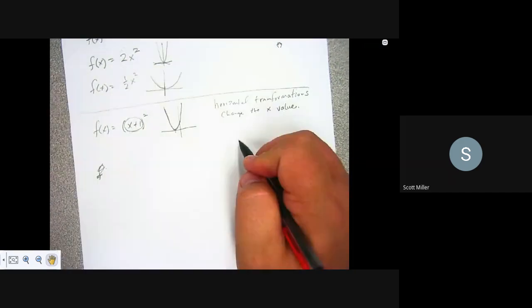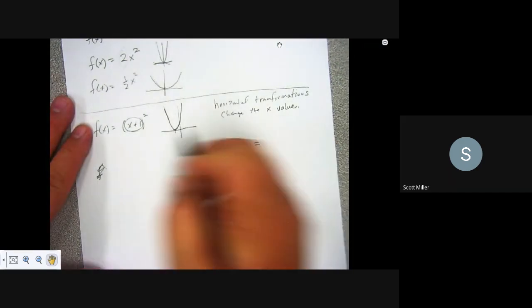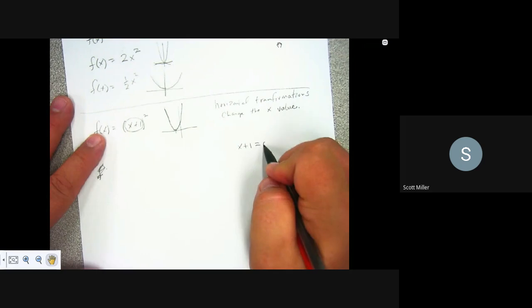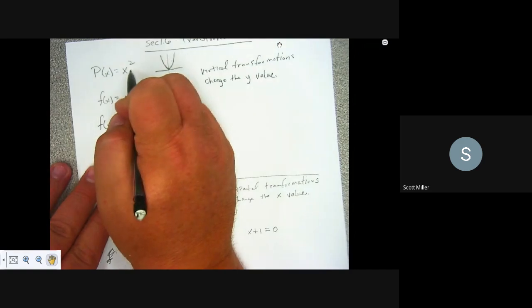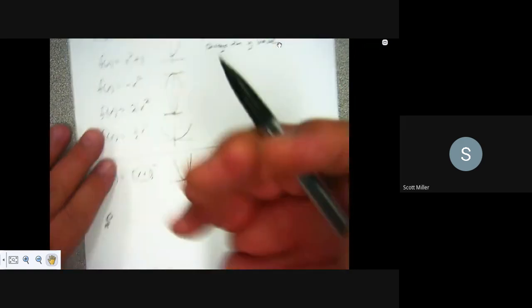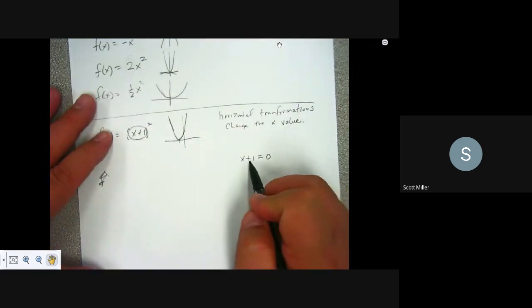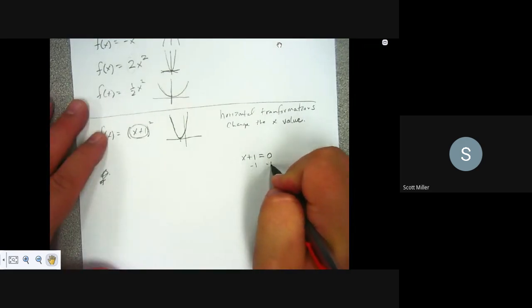So if I take this, and I think this process right here, what do I have to do to get this back to, say, x? Or what do I have to do to this thing to make it 0? So in other words, in our parent function, it's x. There's no number with it in the parentheses here, and so there that would just be a 0. So how do I get back to that? Well, I have a +1 here. To get back to it, I have to subtract the 1.